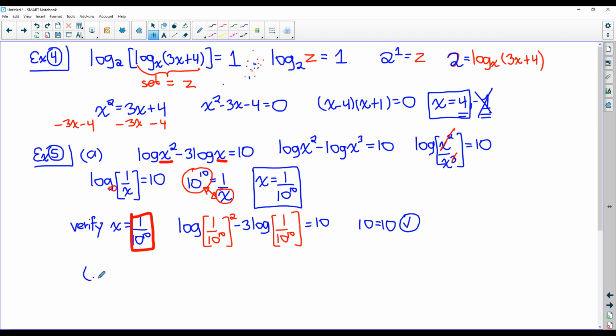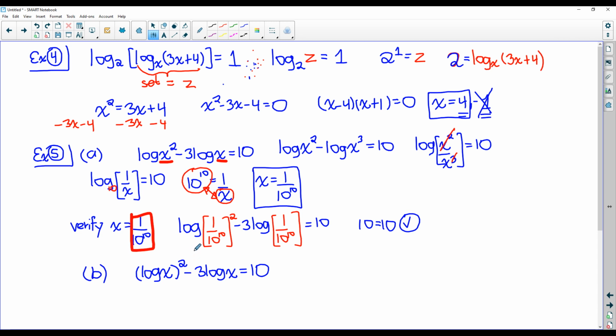Okay, now B. We're going to write down an equation that's going to seem identical to the one in part A, but it is not identical. So what this equation looks like is you have log of x, all squared, minus 3 log of x is equal to 10.